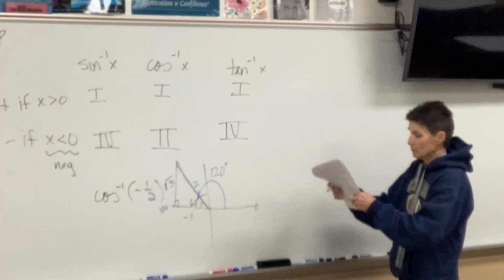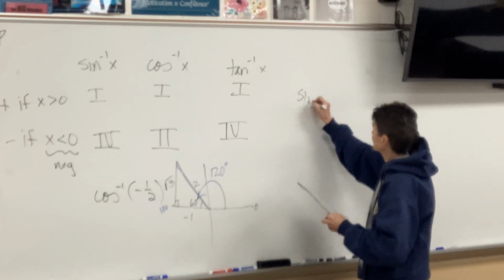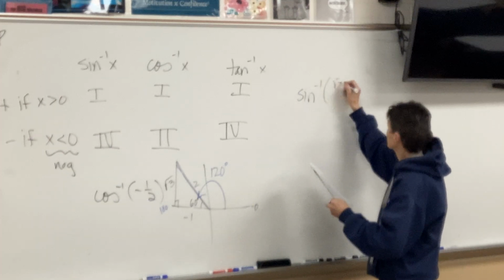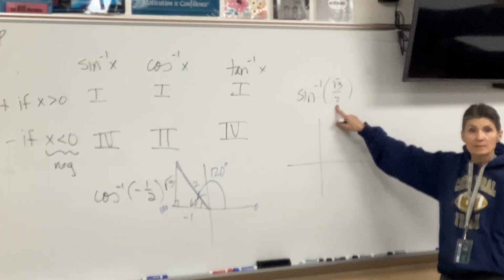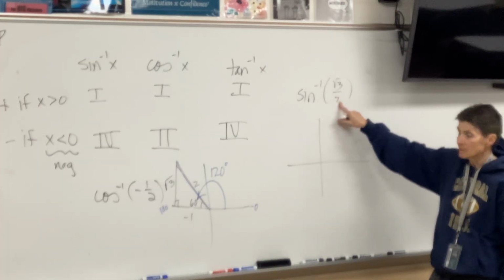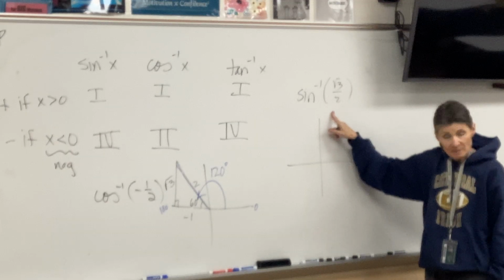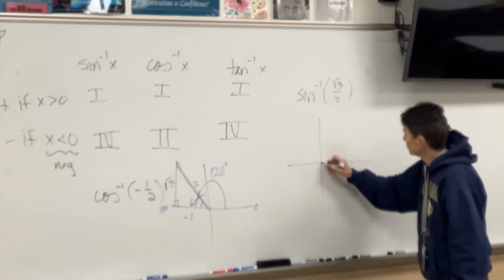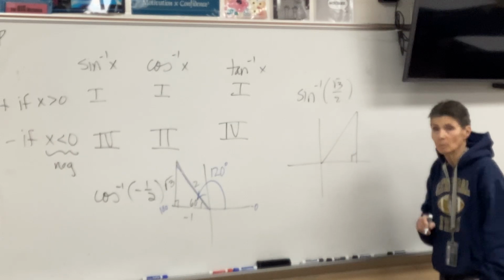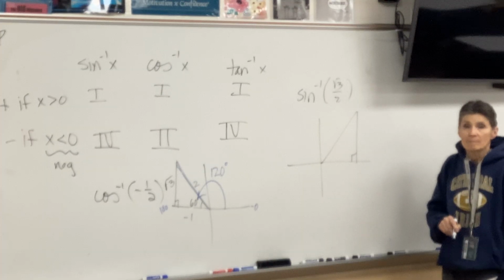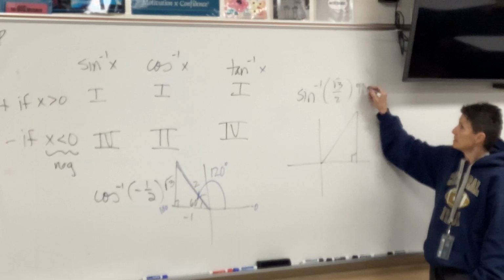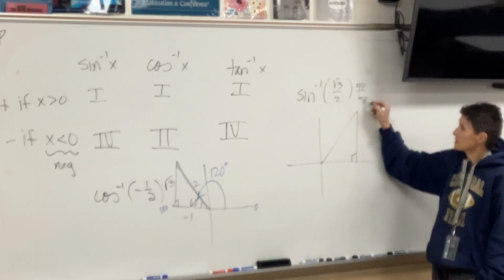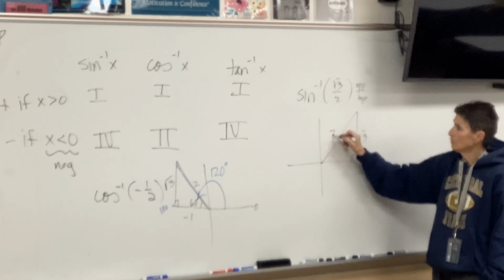All right, now I'm ready for G. First thing you need to always look at is that's a positive number. And if that's a positive number, you're going to draw your butterfly bow tie triangle in quadrant 1. Sine, opposite over hypotenuse, root 3 over 2.